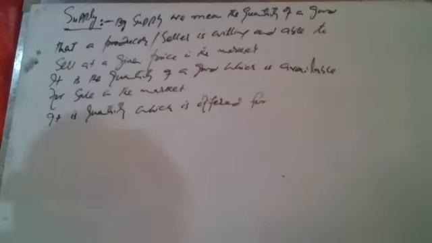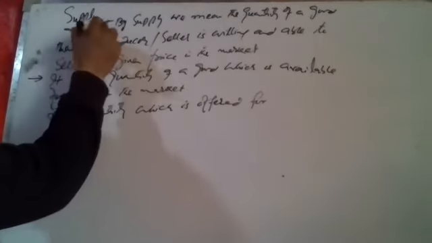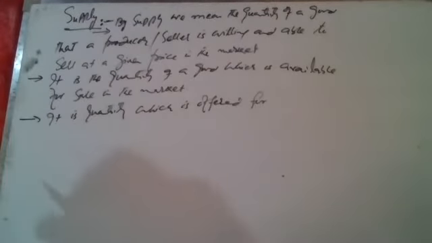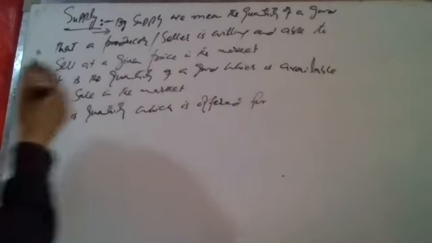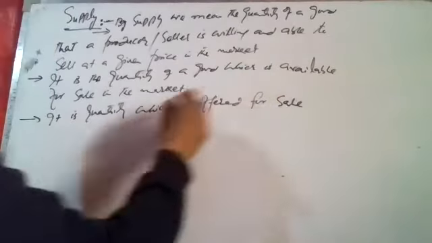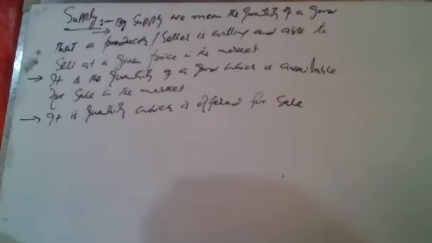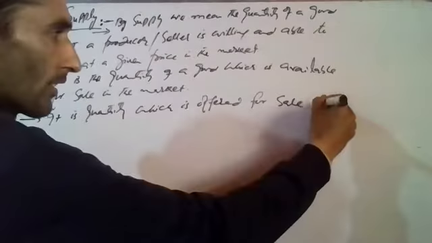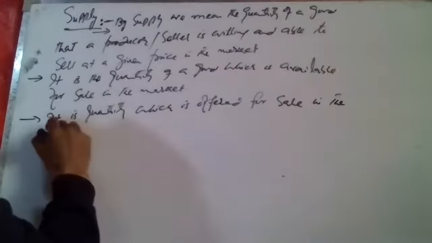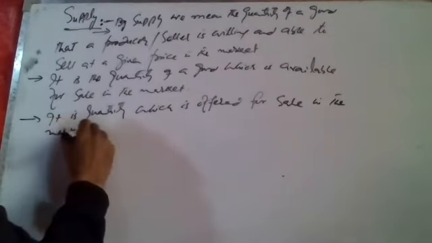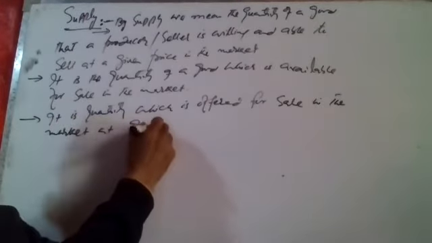So we have different definitions of supply. So it is the quantity of a good which is offered for sale. जो ऑफर की गई सेलर्स ने, प्रोड्यूसर्स ने जो ऑफर किया है सेल करने के लिए, which is offered for sale in the market at a given price.